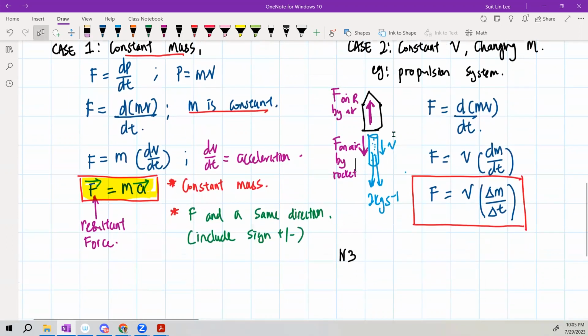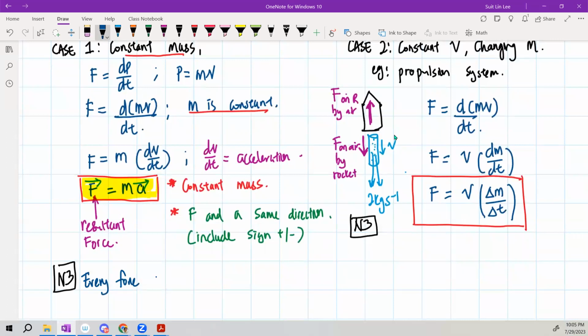Okay, so Newton's third law, in a nutshell, is, I mean it's here, but if you want the notes to look nice, I will draw it at the side for you. Newton's third law basically says that every force acting on an object will cause a reaction force of equal magnitude.